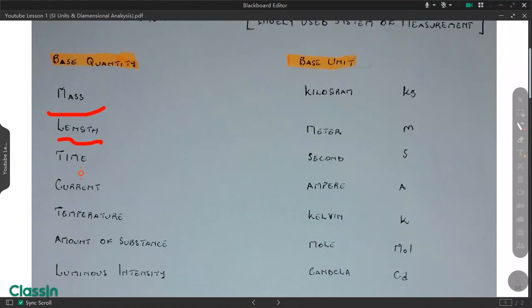When we go forward, we're going to deal with more dimensional analysis, but this is just the basics of what we'll be dealing with.